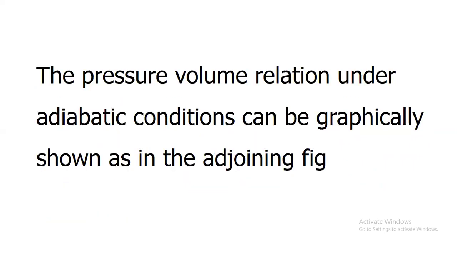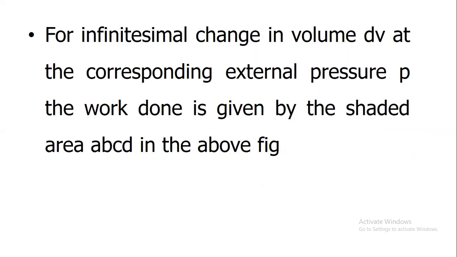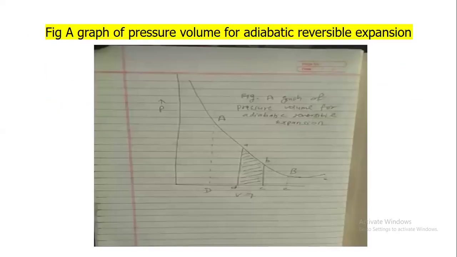The pressure-volume relation under adiabatic conditions can be graphically shown as in the adjoining figure. For an infinitesimal change in the volume dV at the corresponding external pressure P, the work done is given by the shaded area ABCD in the above figure.